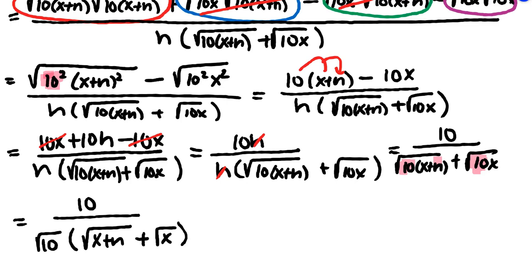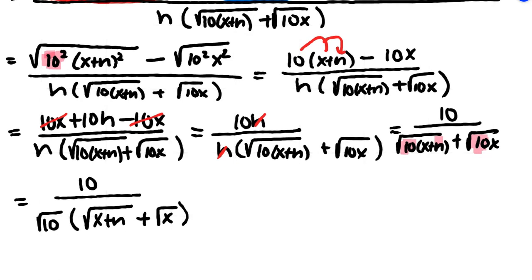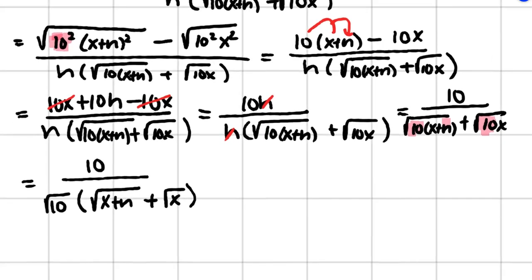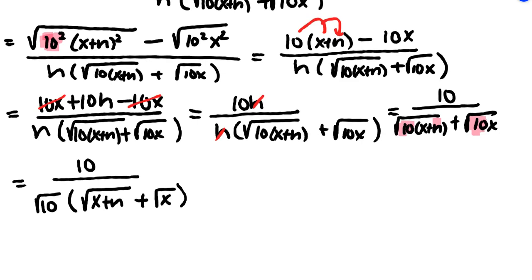And then we typically don't like to have the square root of a value in the denominator. So I could rationalize that by multiplying by square root of 10 over square root of 10.